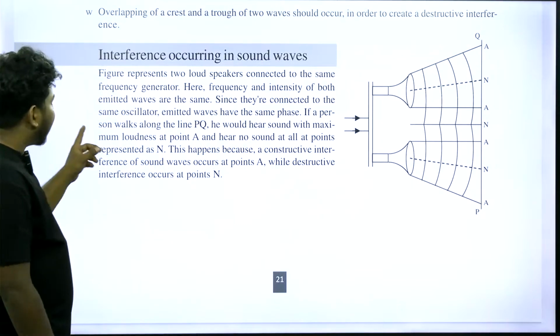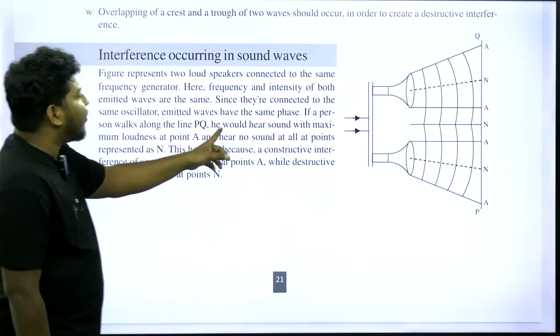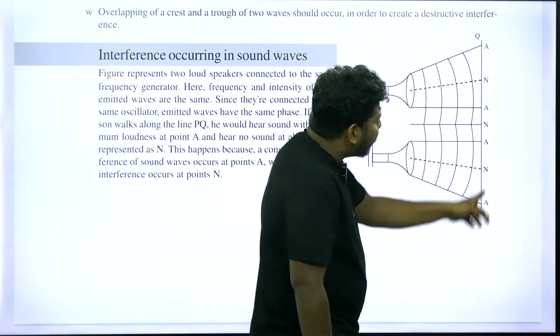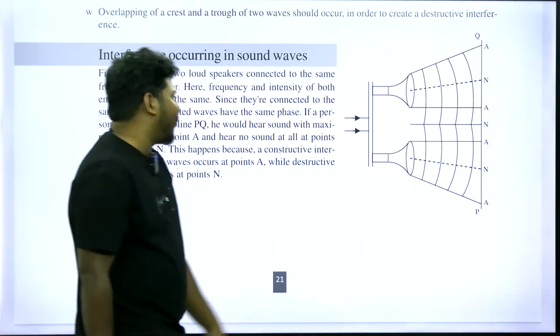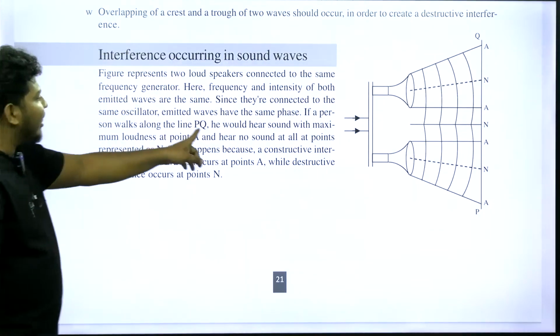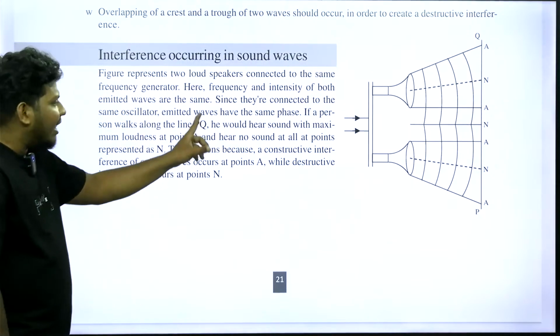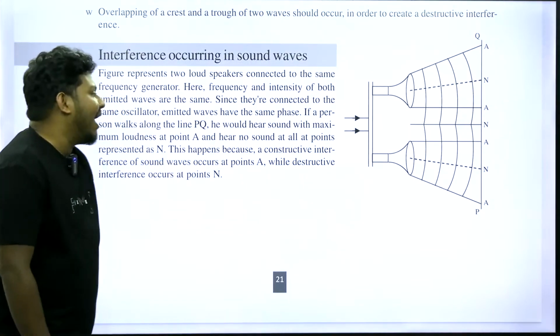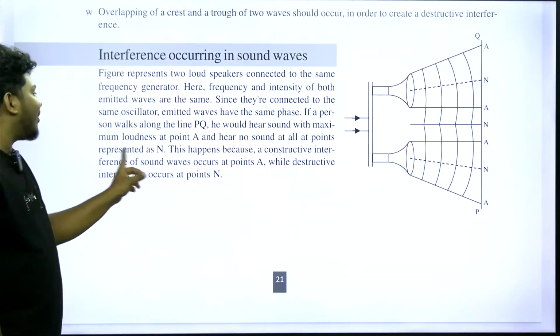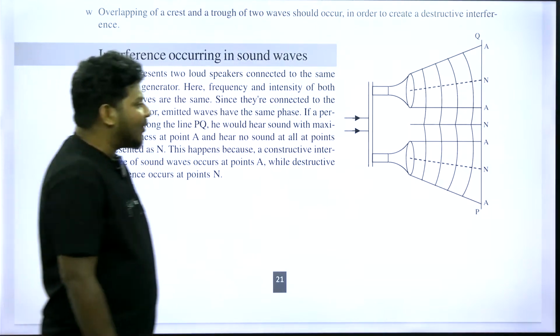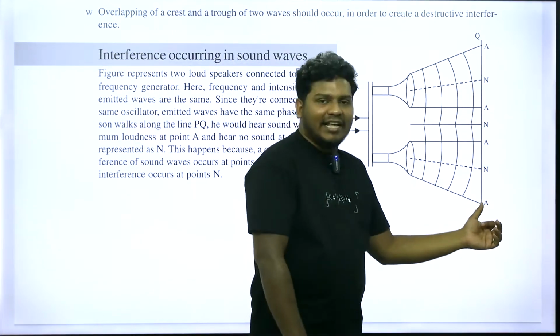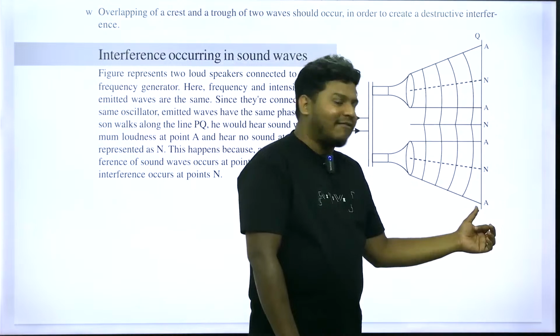If a person walks along the line PQ, he would hear sound with maximum loudness at point A, and hear no sound at the other point. Here, at this point, he will hear maximum, because constructive interference is happening.